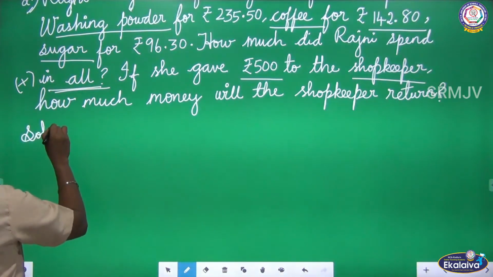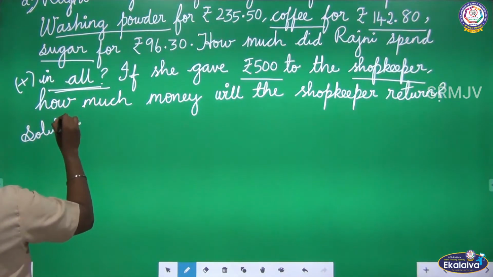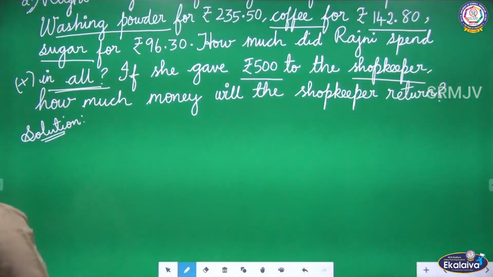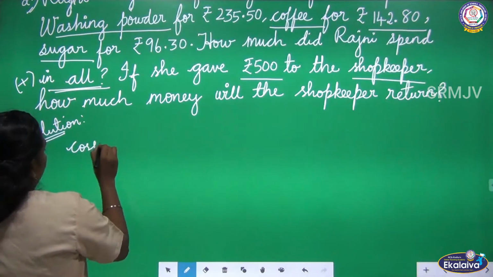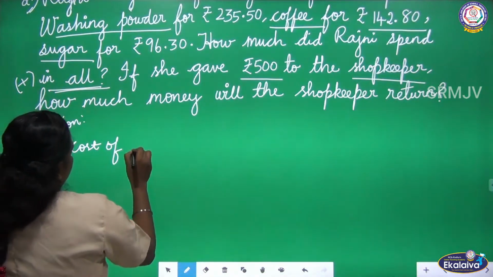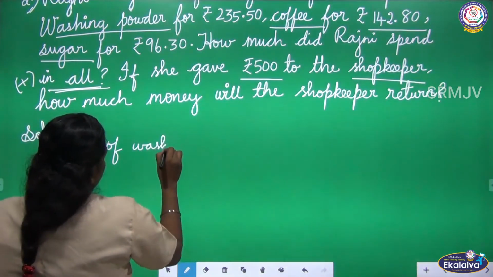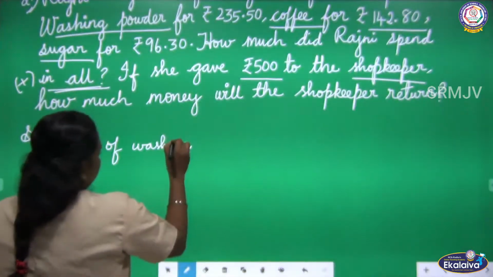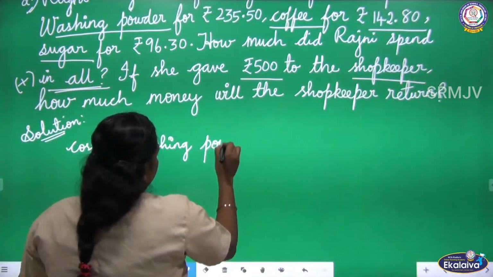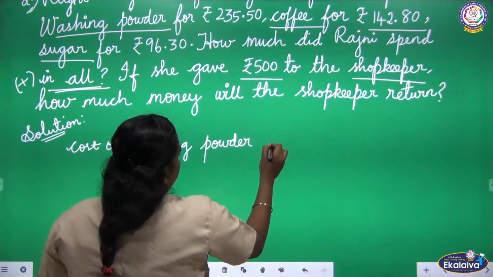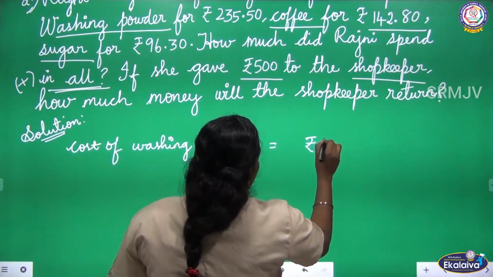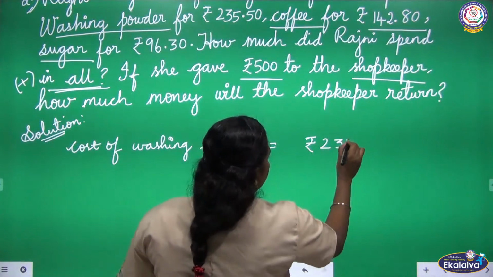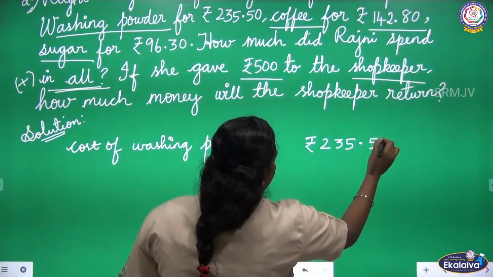Solution. So first we'll write cost of a washing powder. So tell me what is the cost of washing powder? So cost of washing powder is rupees 235 rupees 50 paise.